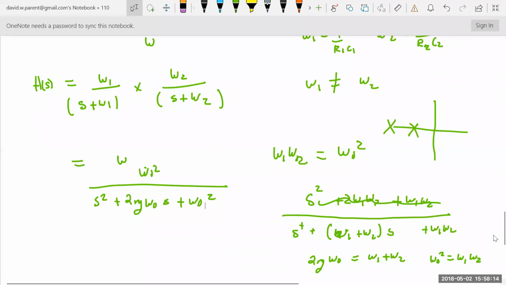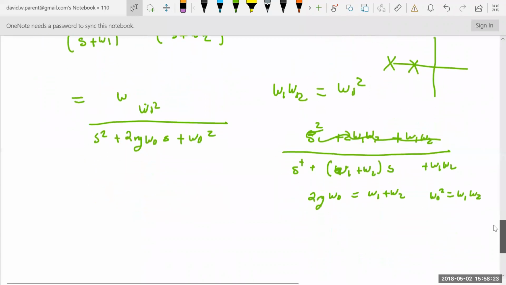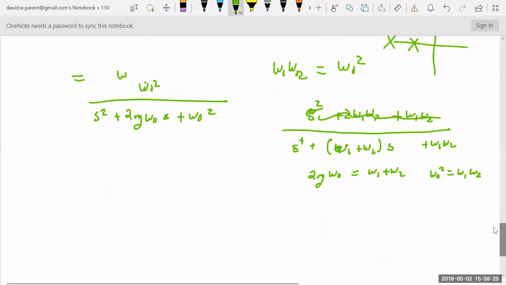Now the thing is even though there's two distinct roots, I can still get, let's go back, right? This is low pass, the one I drew.